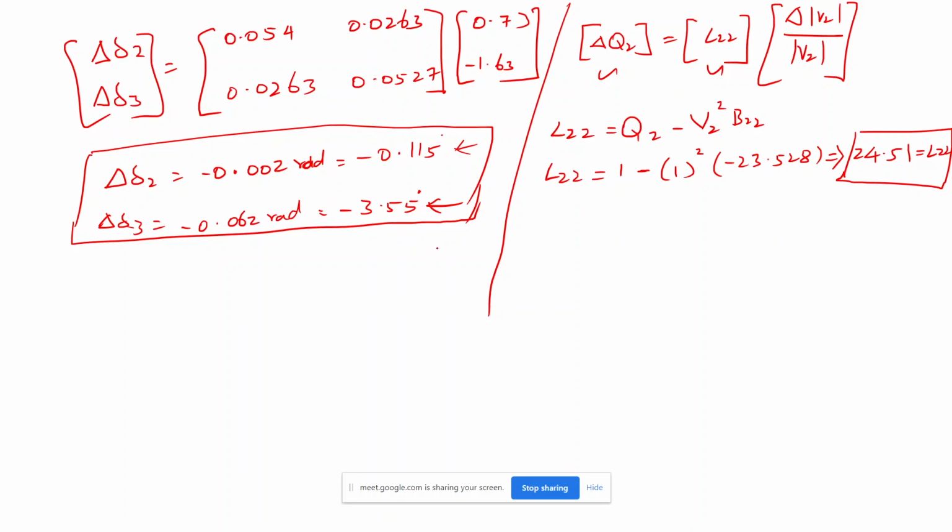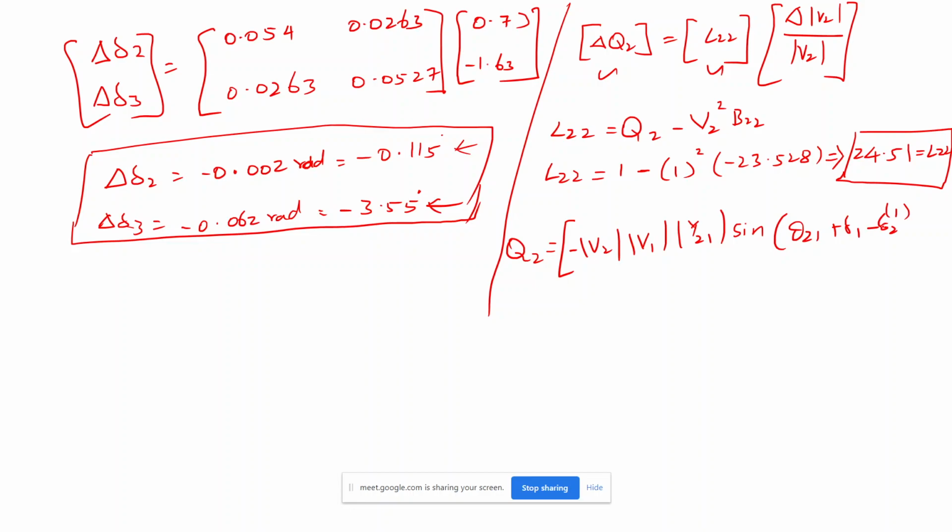And then to find out Q2, I need to use the Q2 equation. Q2 equation we already know from equation number 6. I can write minus V2 V1 and then Y21 sin theta 21 plus del 1 minus del 2.